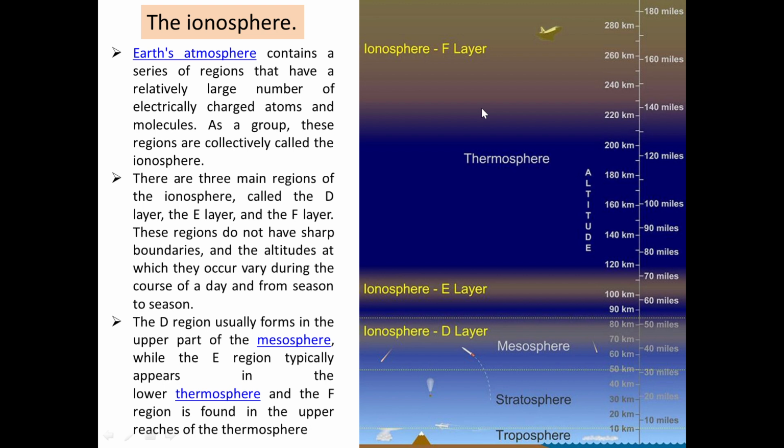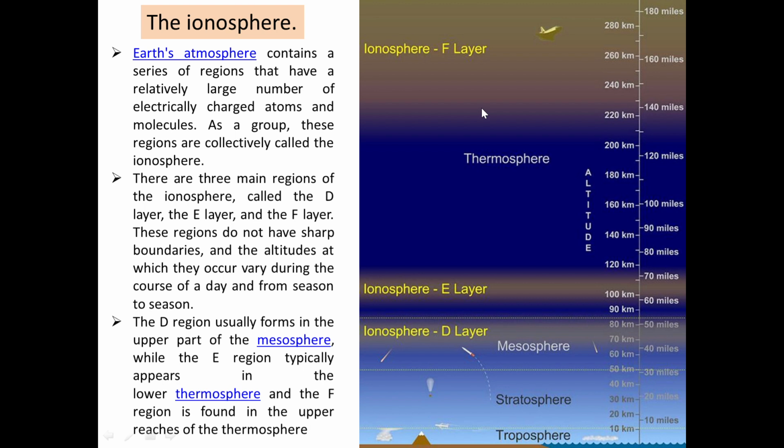These regions do not have a sharp boundary, and the altitude at which they occur varies during the course of the day and from season to season. There is no particular boundary, they form season to season. There is no particular altitude.